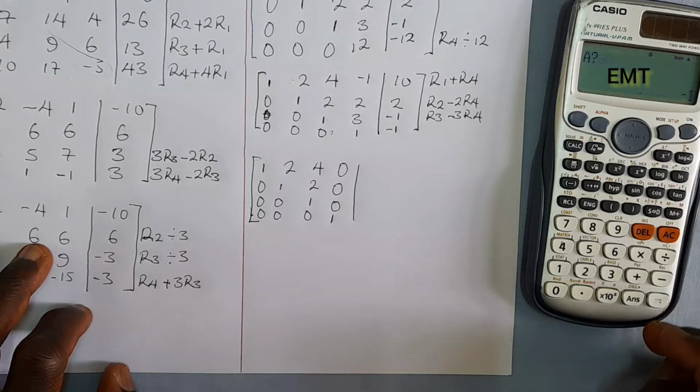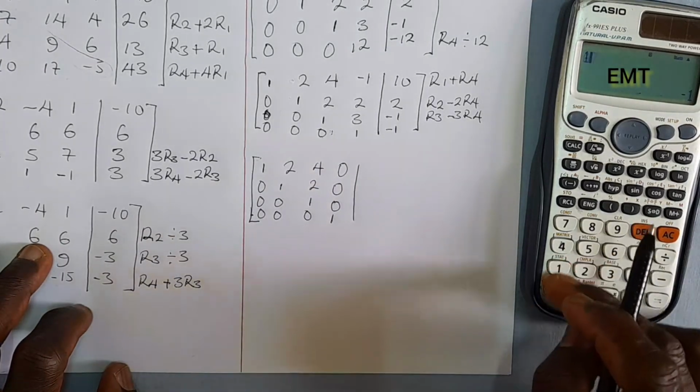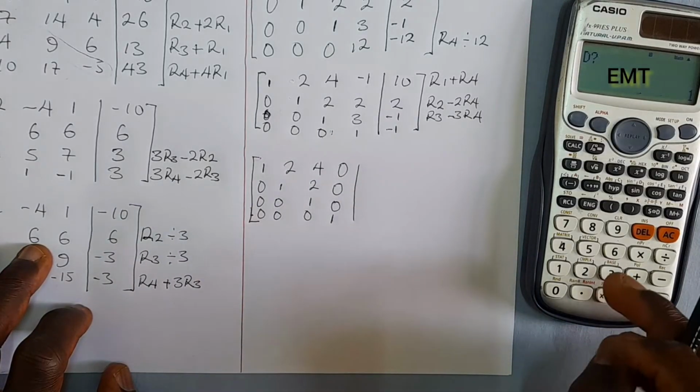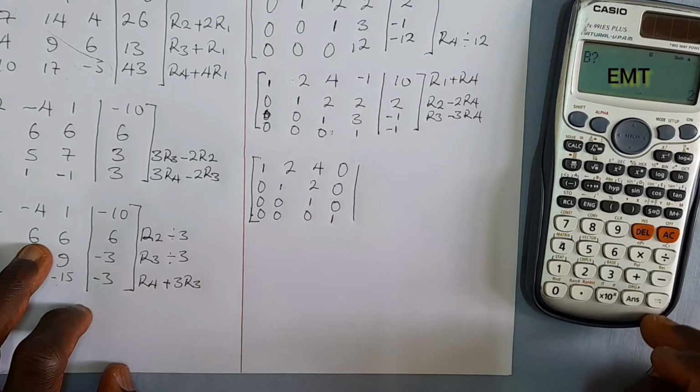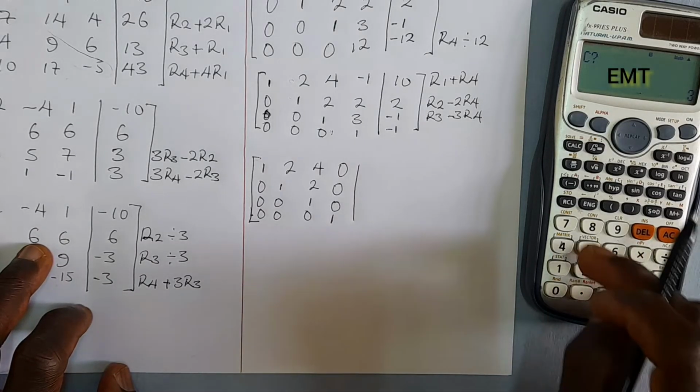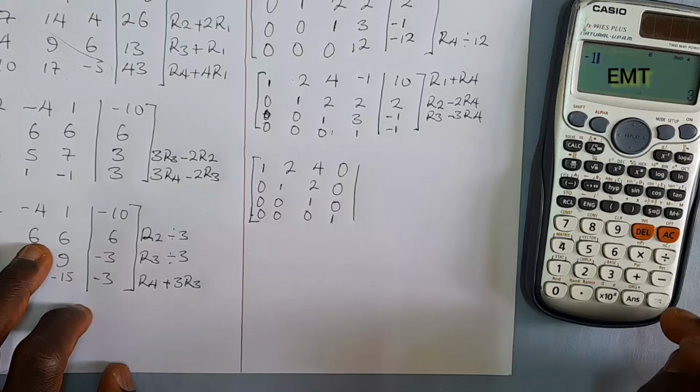Now we enter again. Our A here is 10. Our D now is -1. B is 2. And C is -1 also.